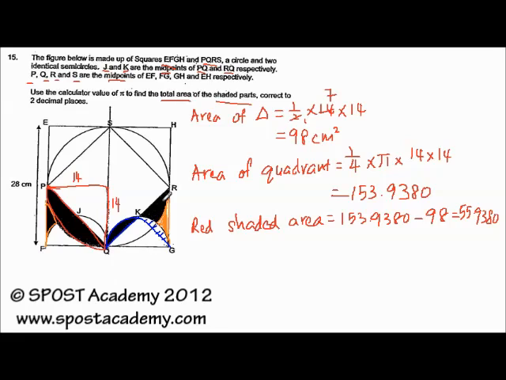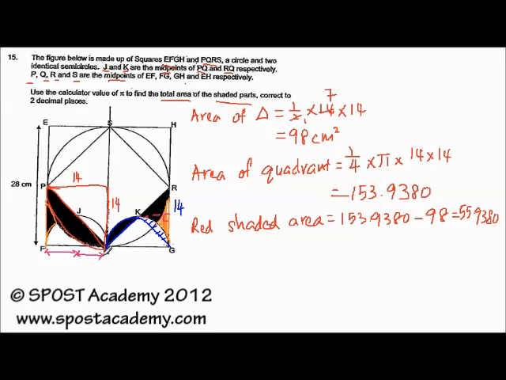And to find the area of this triangle, we need to know the length. We can take this as the base, which is RG, and we know that this will be equivalent to 14. And we will take this part as the height, the perpendicular height. Now the perpendicular height is equivalent to 28 divided by 4, because this is the radius of the semicircle.